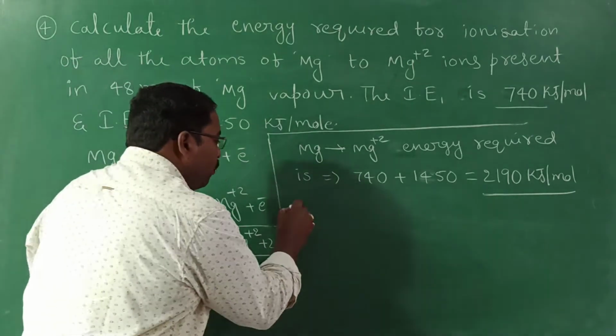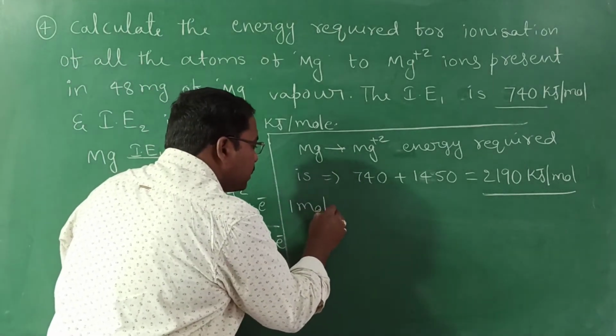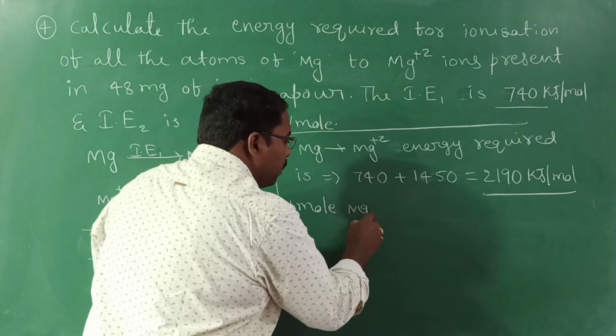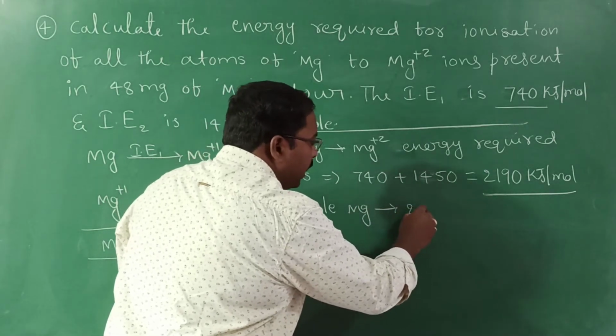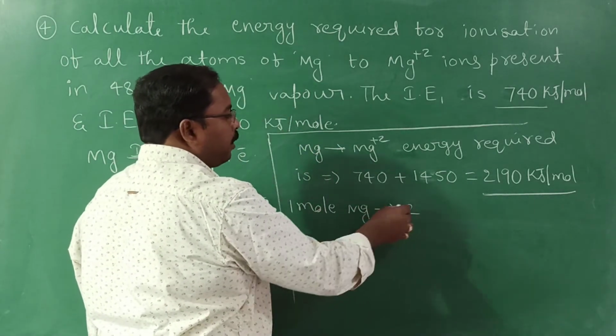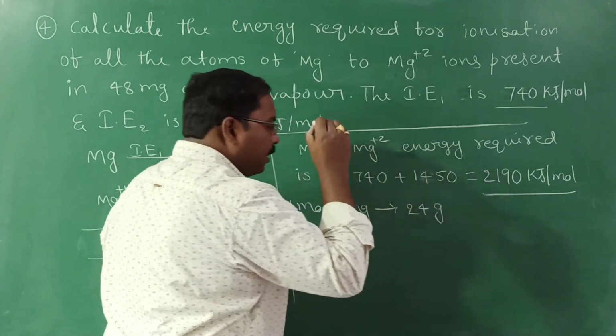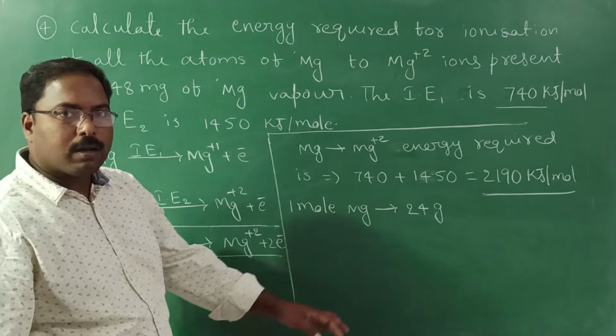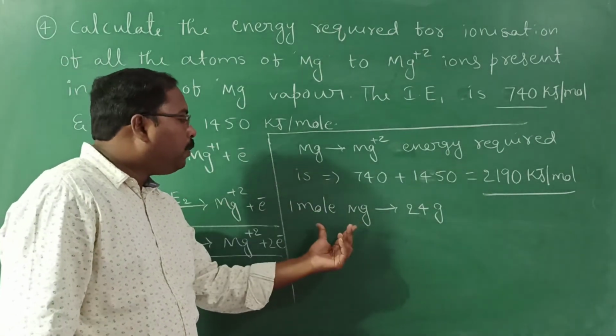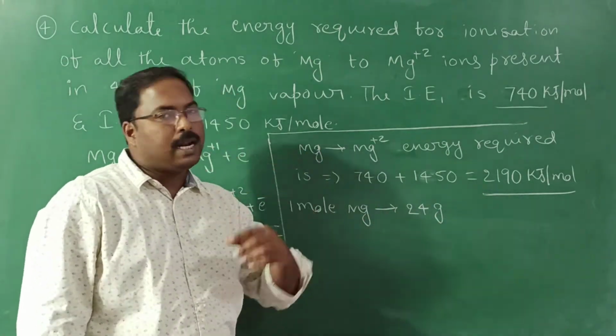So 1 mole of magnesium means how many grams? Its atomic weight. Atomic weight of magnesium is, sorry, 24 grams. So 1 mole of magnesium is 24 grams.